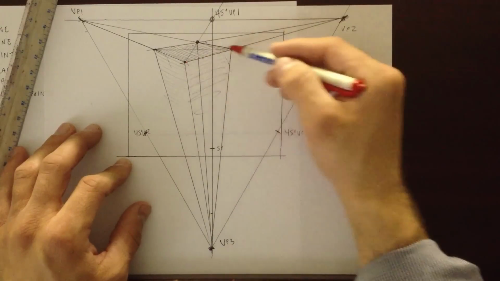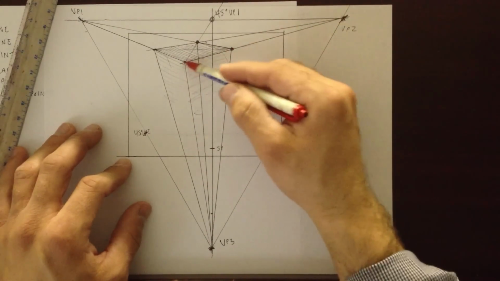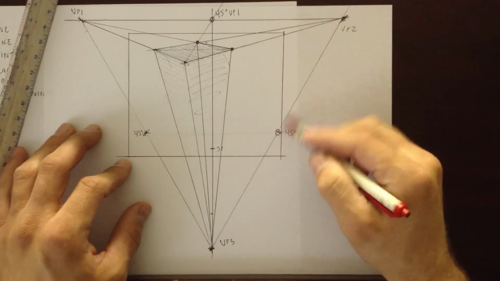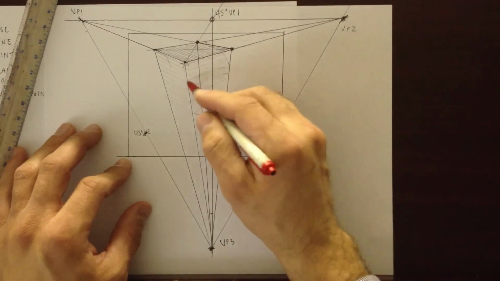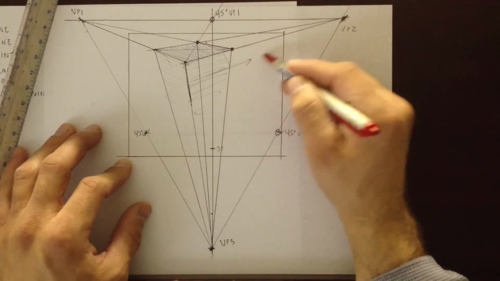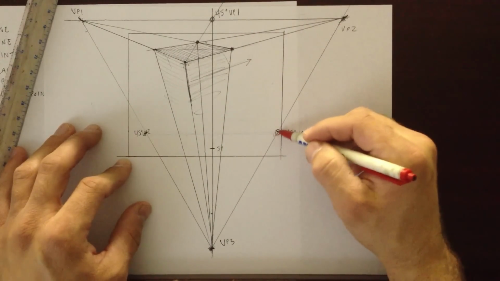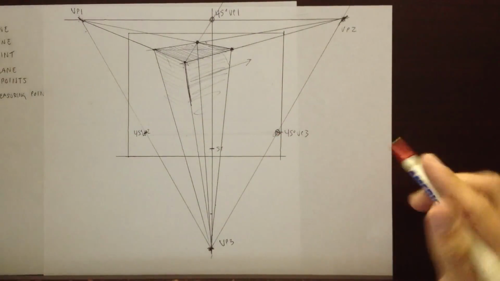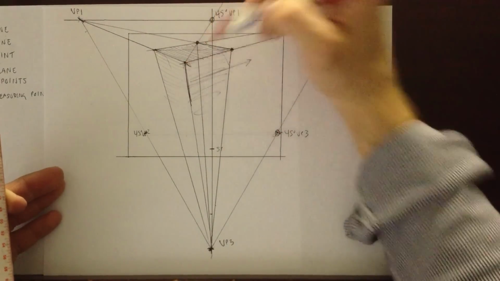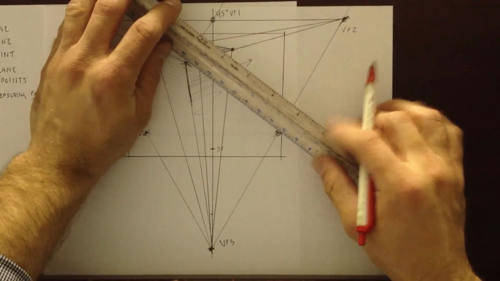All right, so to square these out, to make sure that the height is the same as the length here, we're going to use this 45-degree vanishing point, okay? Because this plane that I'm starting with, going out this way, this is going toward vanishing point number 2. So this is the 45-degree vanishing point that I want to use. You're going to run a line from this 45-degree vanishing point to the top corner, like this.